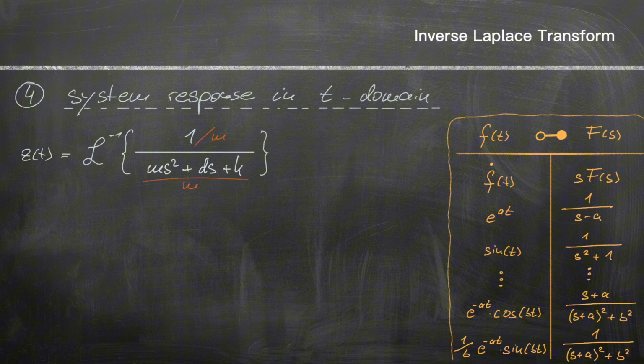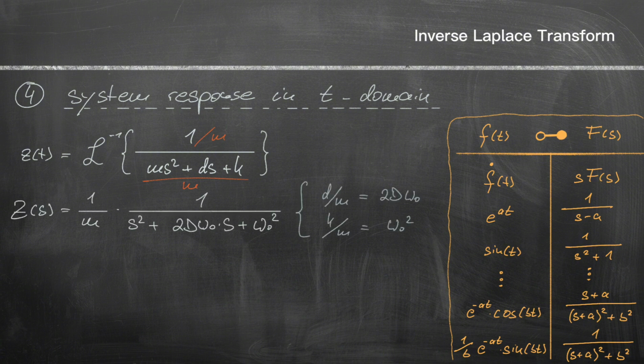Now we first divide the equation by m and obtain the following expression: 1/m times 1 / (s² + 2Dω₀s + ω₀²), where I've replaced d/m with 2Dω₀ and k/m with ω₀².